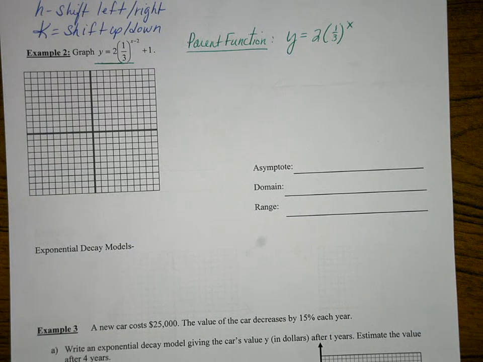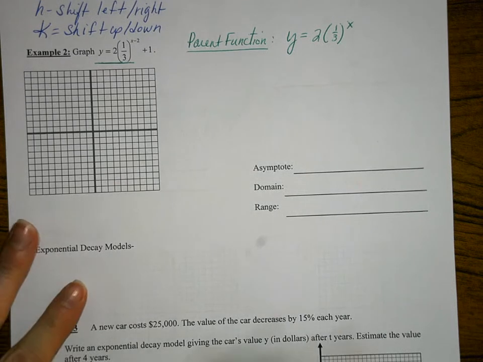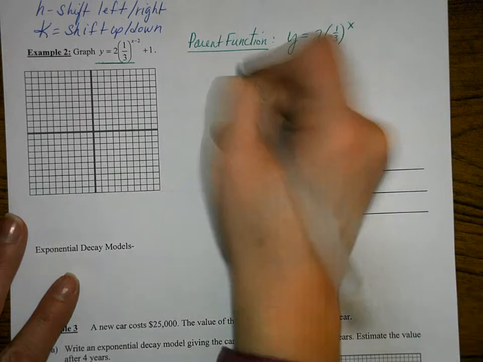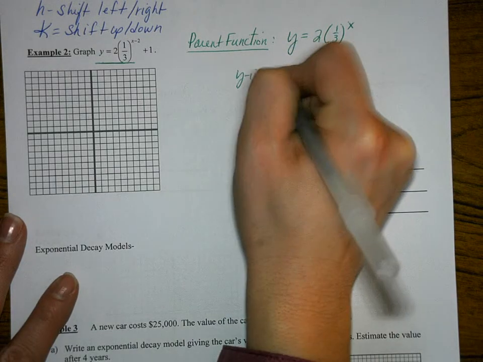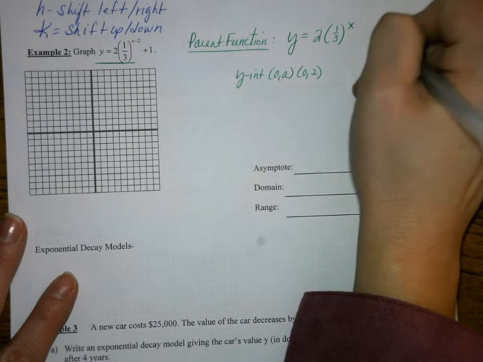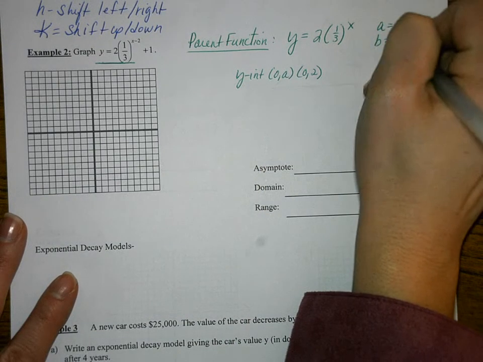All right, what am I looking for first, Ryan? The 0, 2, because that is the y-intercept. Okay, so my y-intercept is going to be at 0, a, and in this case that's 0, 2, because my a value is 2 and my b value is 1/3.